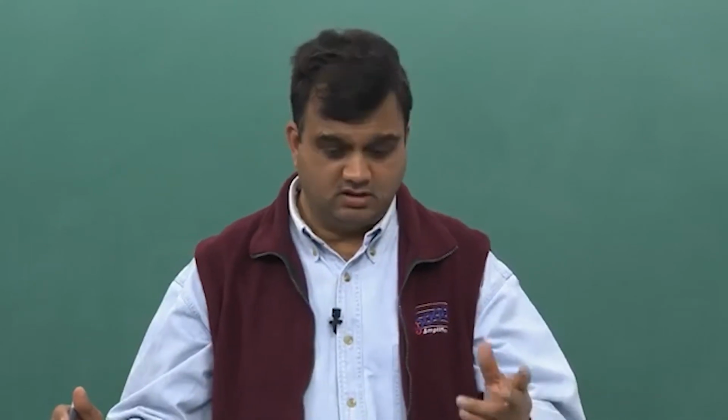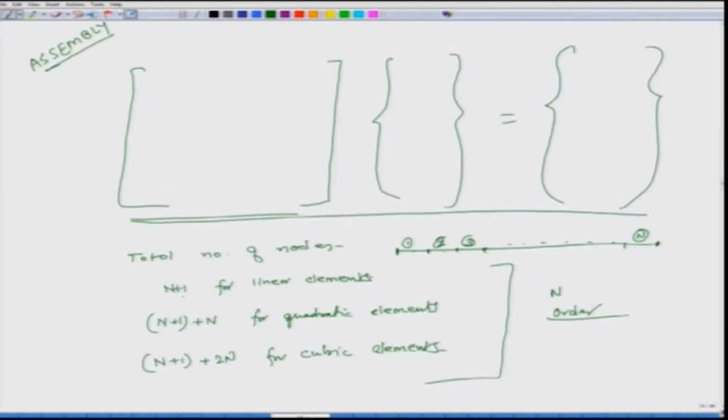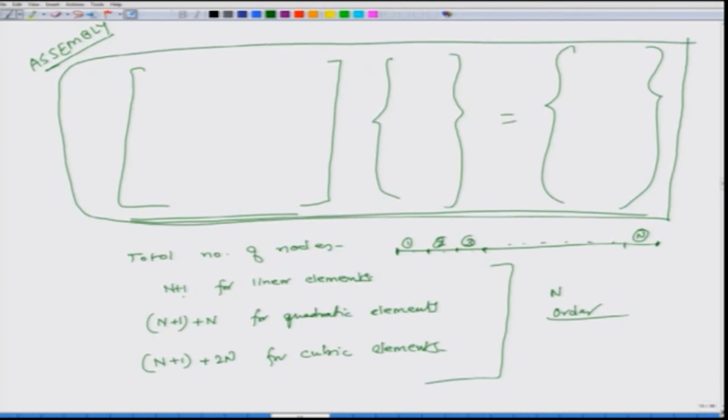Boundary condition. We have not captured the boundary condition, because when we are using this equation, we have not used any boundary condition. That is what we do once the assembly has been done.